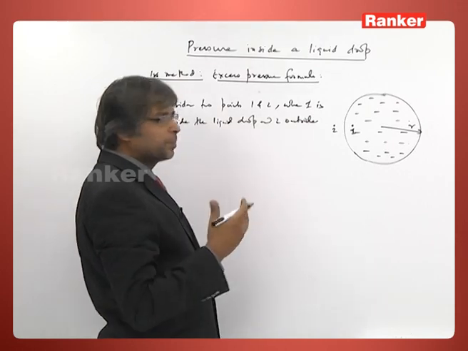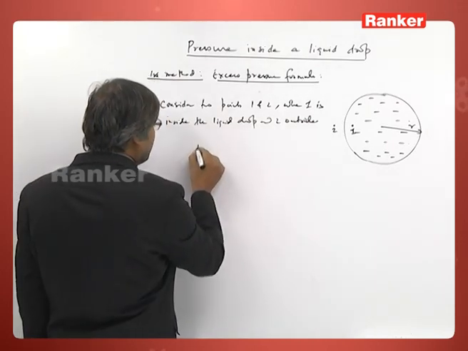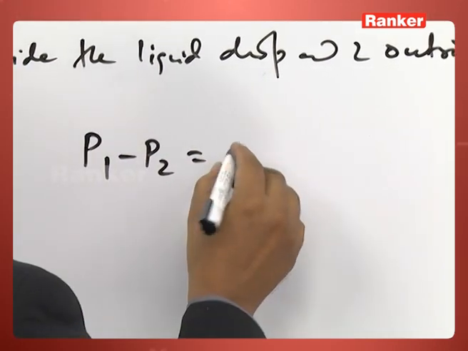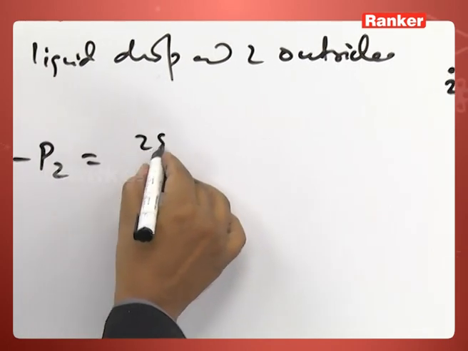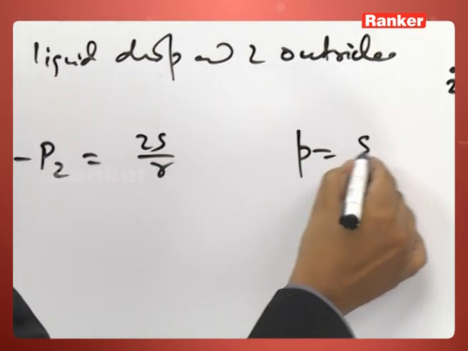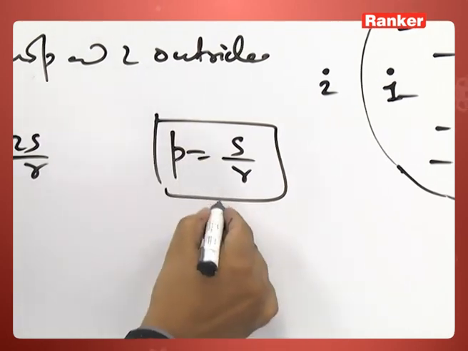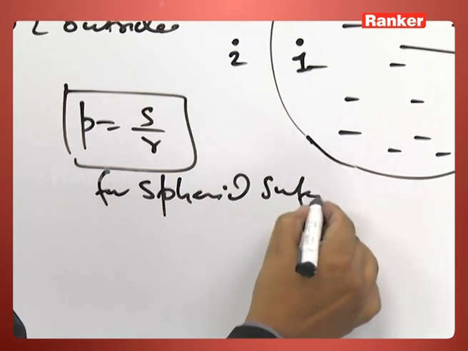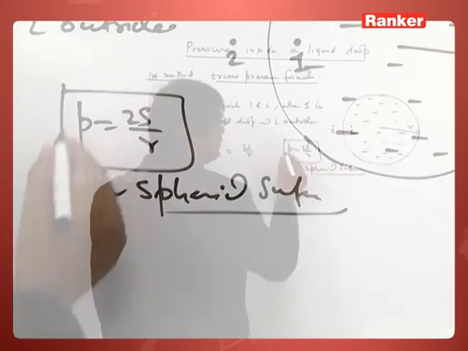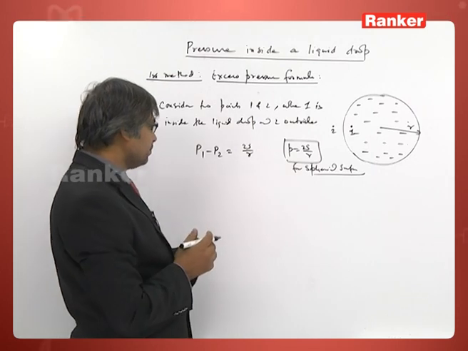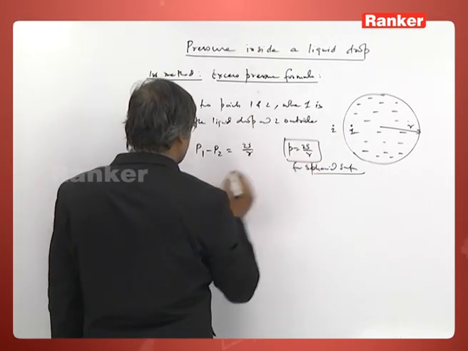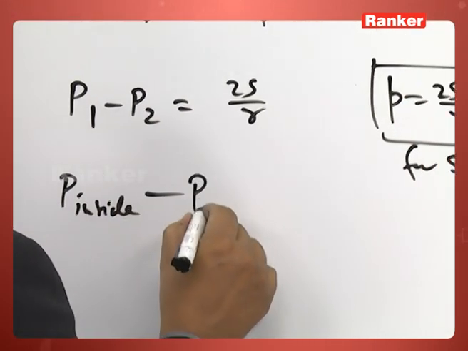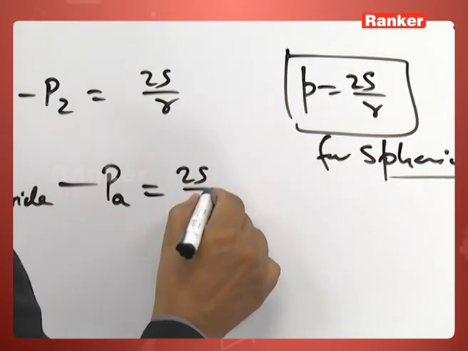Now according to the excess pressure formula, P1 will be more than P2. So, we have P1 minus P2 is equal to 2S by R, the excess pressure formula for a spherical surface. Here P1 is P inside, or internal, minus P naught, the atmospheric pressure.